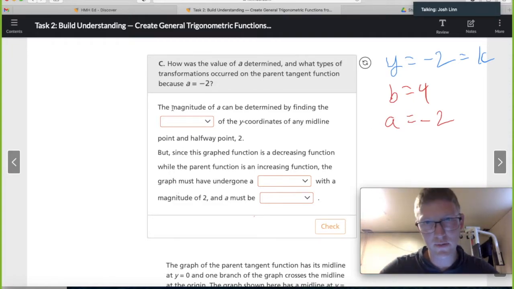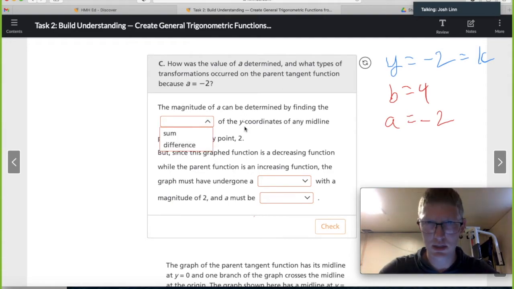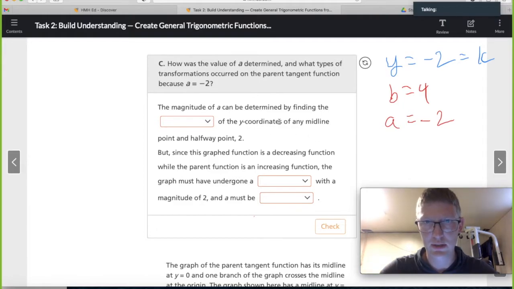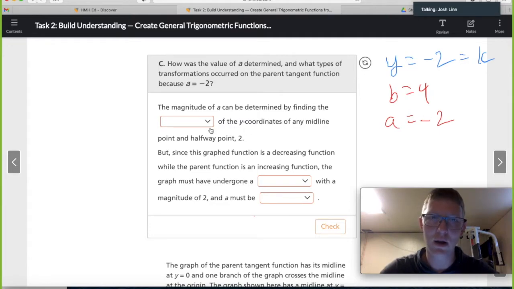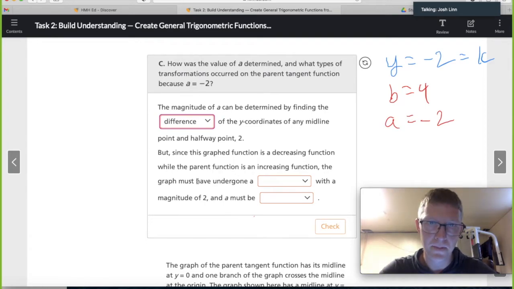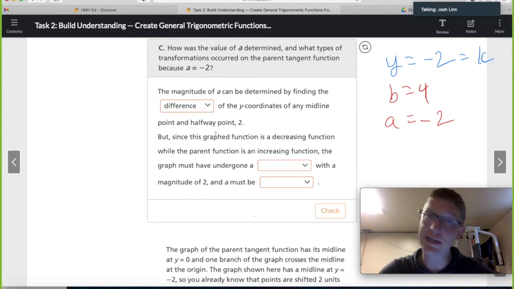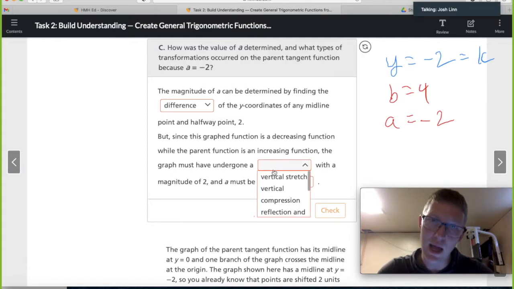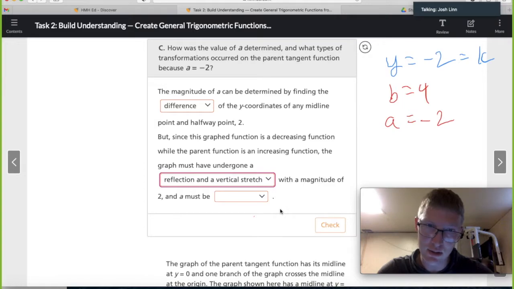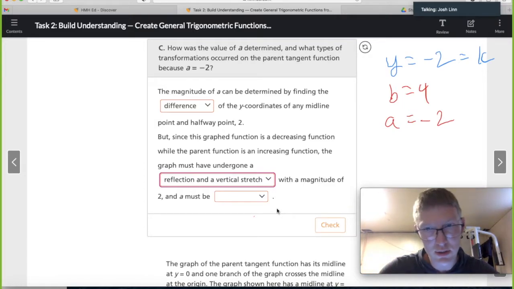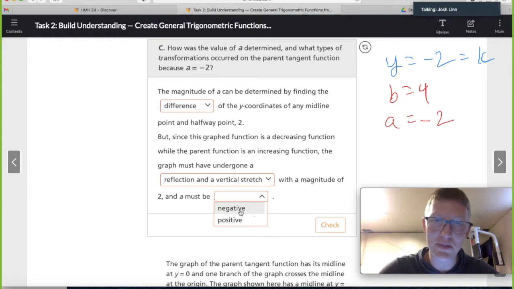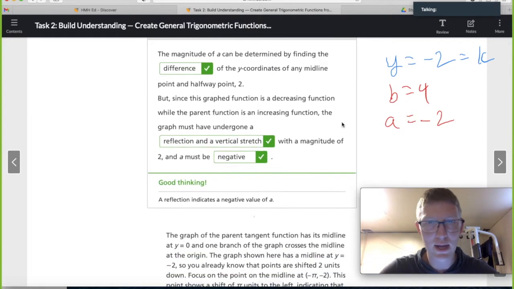The magnitude of A can be determined by finding the difference of the y coordinates, because you could just subtract the two. But since the graph is a decreasing function, while the parent function is increasing, the graph must have undergone a reflection and vertical stretch with magnitude of 2, and A must be negative. Again, we kind of talked through all those.